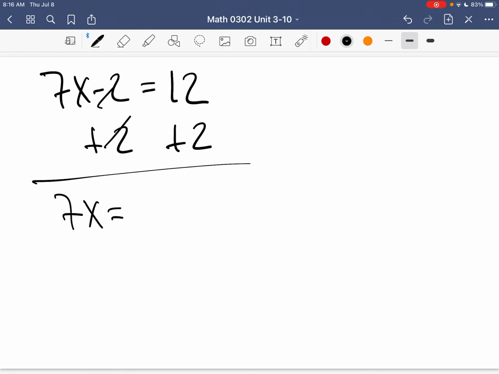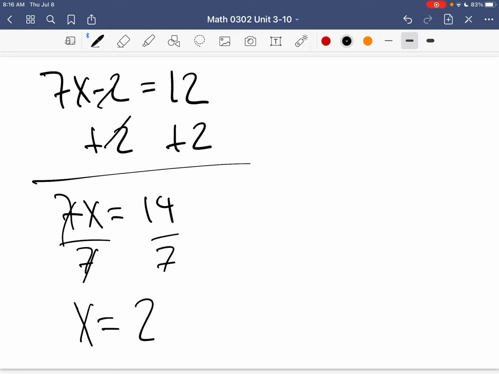We get 7x equal to 12 plus 2, which is 14. Every time we use one of the properties, the resulting equation is getting simpler. Now we solve for x by itself using the division property of equality: divide both sides by 7, and we end up with x equal to 14 divided by 7, which is 2.